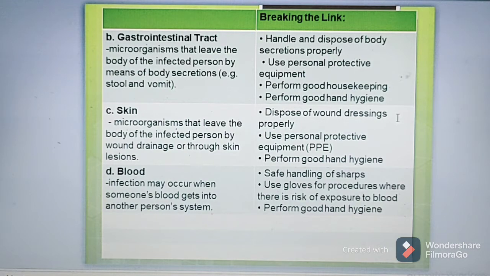So dapat na kay buhaton or tambalan nimo para dili na siya ma-infection o makasulod ang mga bacteria. So to break the link, safe handling of sharps, use gloves for procedures where there is risk of exposure to blood, perform good hand hygiene.